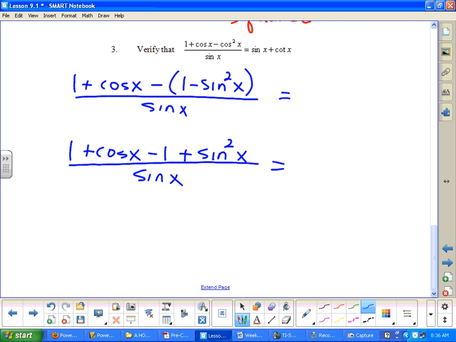So what happens now? Can I simplify anything? It won't cancel out yet. What else do I have? I have a positive one and a negative one. So we have cosine of x plus sine squared of x over sine of x.